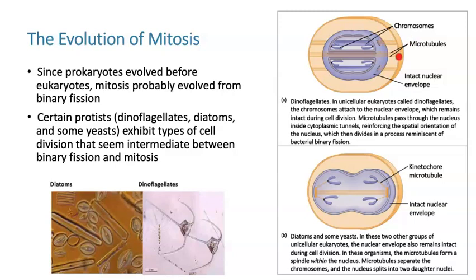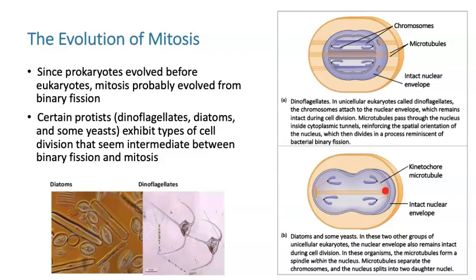It's just all attached to the plasma membrane. A similar thing happens in diatoms and some yeasts. In these groups also, the nuclear envelope does not disappear, it stays intact.